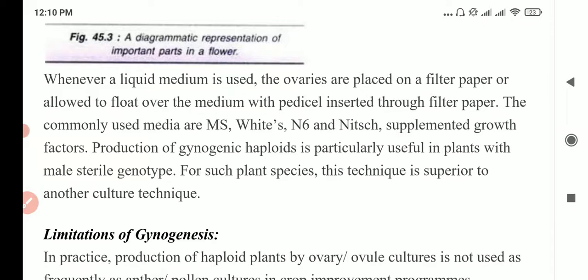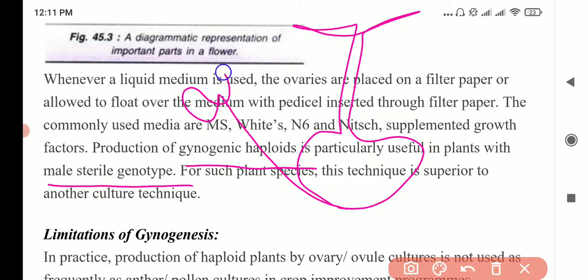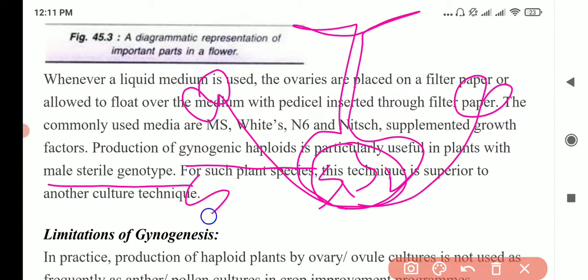The commonly used media are, the most common is the MS media, White's media, Nitsch media, N6 media. Then production of the gynogenic haploids is useful in plants with the male sterile genotype. There are some flowers where the males are already, remember girls, the self sterility chapter. If this one is S1 and this is S2, the ovule is of S1 S2 genotype, and obviously the anthers will be of S1 S2 genotype.